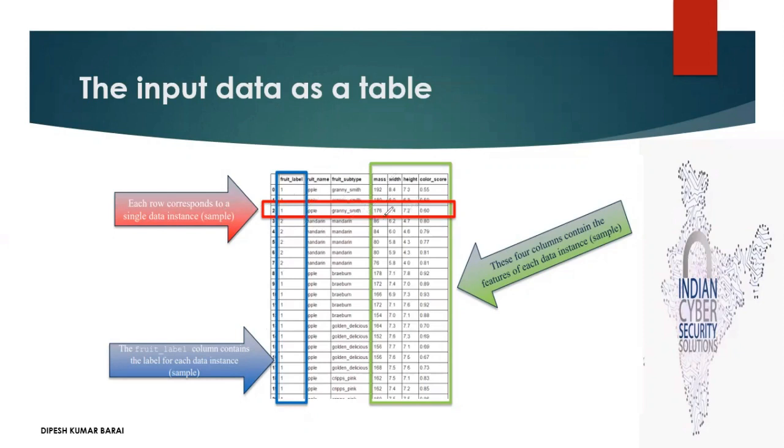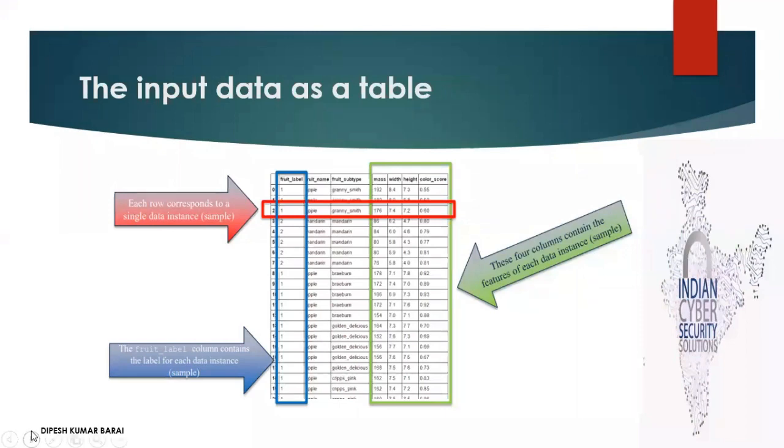Suppose an apple has mass 176, width 7.4, and height 7.3. These columns hold the feature values of every apple, like an apple with mass 190 and width 8.4. The four features are mass, width, height, and color score.